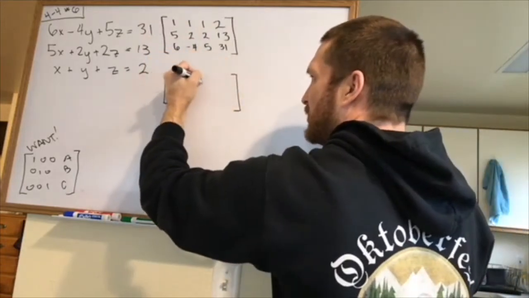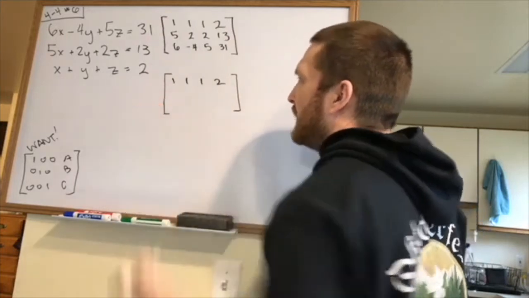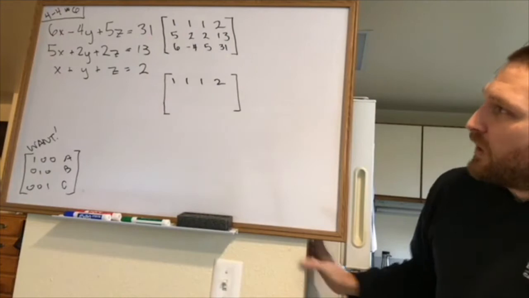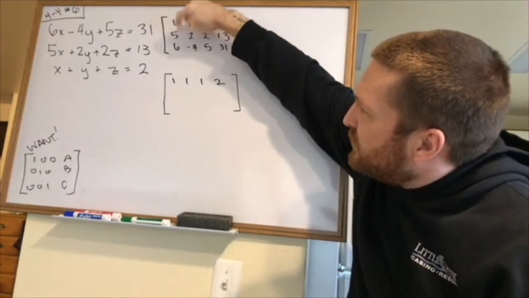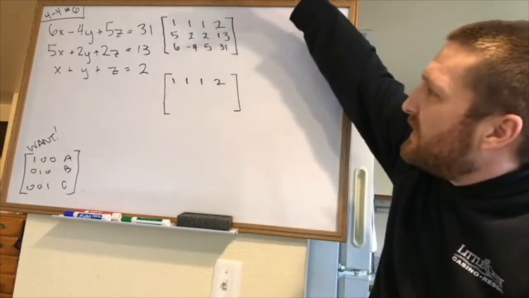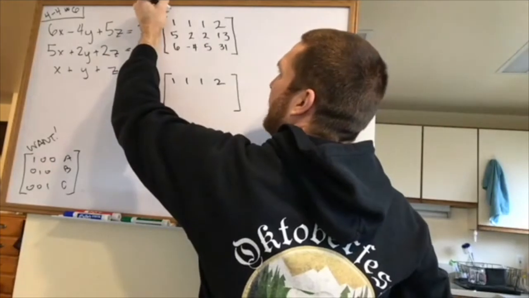I'm going to copy it down without really thinking about it. But now I need to kill that 5. The only way to kill that 5 is if I had a -5.